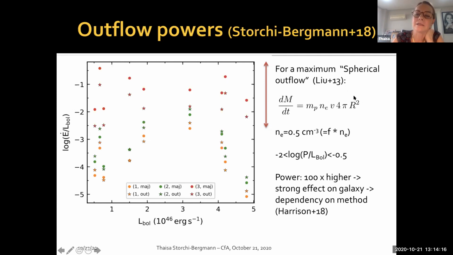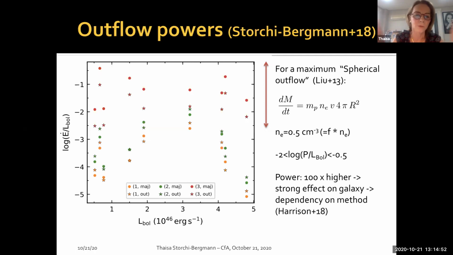Assuming a spherical outflow, we then get very powerful outflows, up to 100 times higher than using the expressions that I mentioned before. But note that the mass of the gas is not well constrained because it is not using the luminosity of the gas. It makes assumptions for the filling factors, for the density of the gas, and also assumes a spherical outflow.